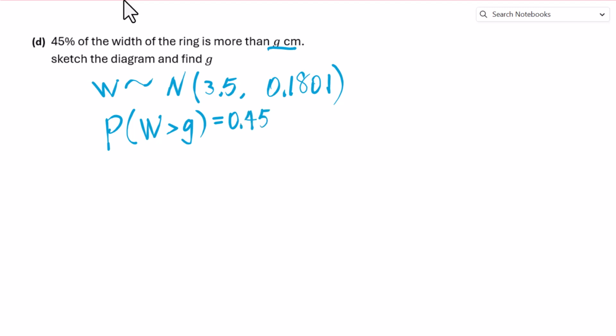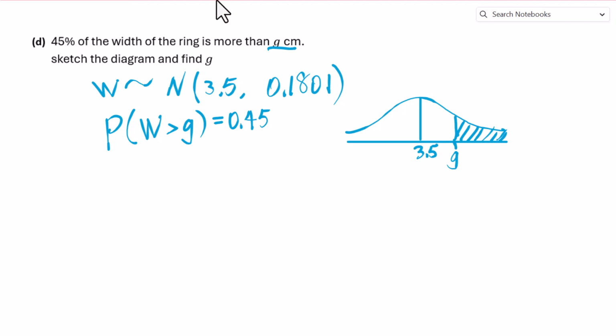Let's sketch this diagram. Show the mean 3.5. Just make sure this G is on the right side of 3.5. That's all. We need to find this G.